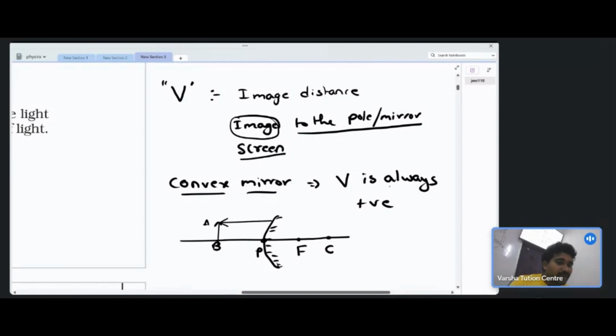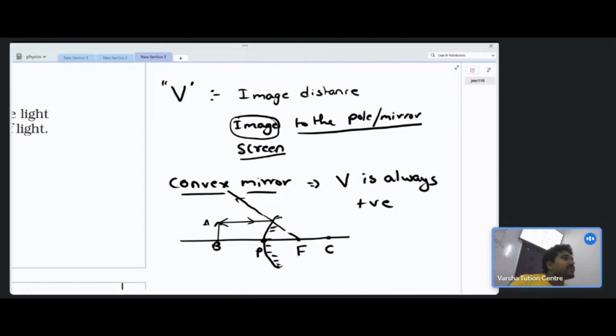When I take a parallel ray, it is supposed to go through the focus, but actually it will deflect in this manner. If I extend it backwards, it goes towards the focus.